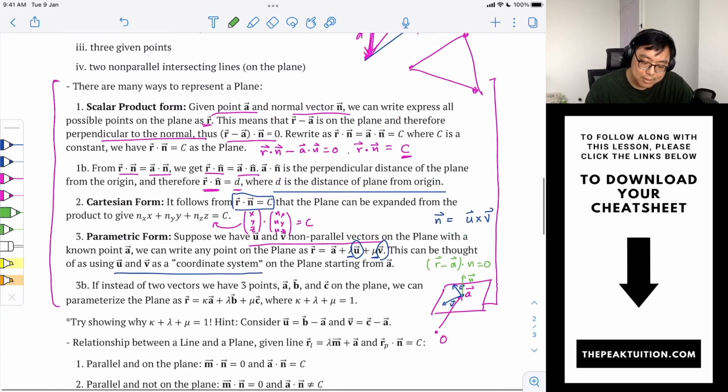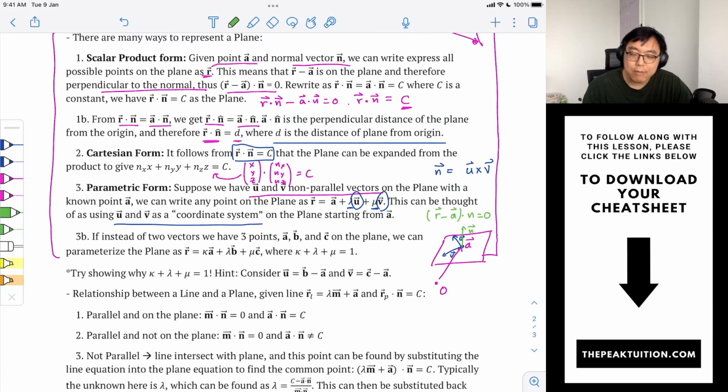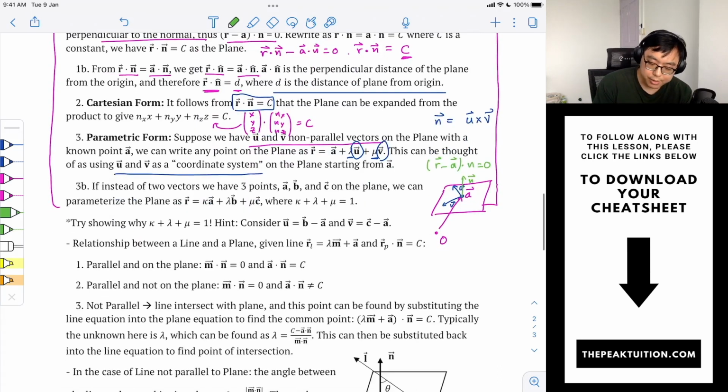Then we get back the scalar product form, and we know that scalar product form and Cartesian form are basically interchangeable. A spin-off of the parametric form is, instead of two vectors, we have 3 points. We can parameterize it as a linear combination of the 3 points, where the 3 coefficients add up to 1.